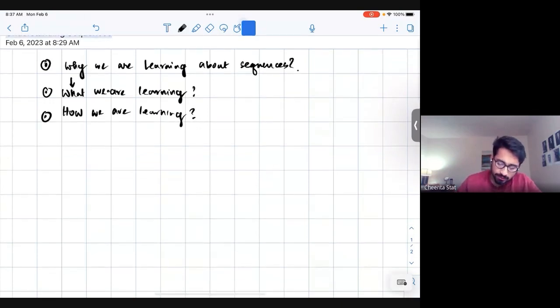Okay. So we already know that sequences are important to understand. The basic idea is that we will use sequences to understand infinite structures.